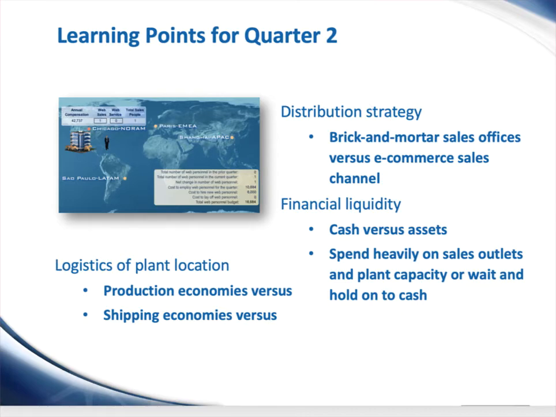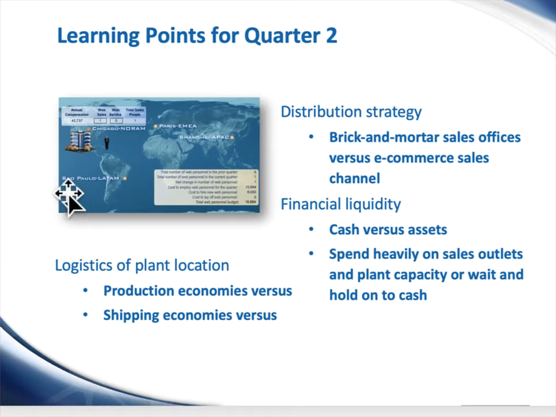Last but not least, make sure you really understand what you do in regard to the distribution strategy. Whether you want to go with brick and mortar or e-commerce web outlets and have maybe a combined strategy, but the fact is, have a strategy.